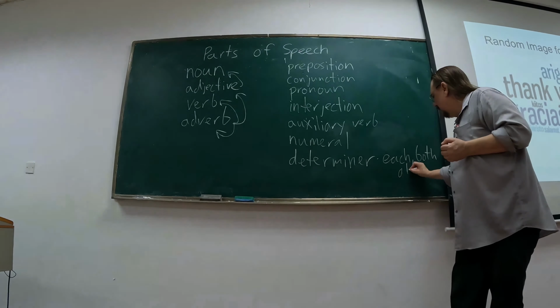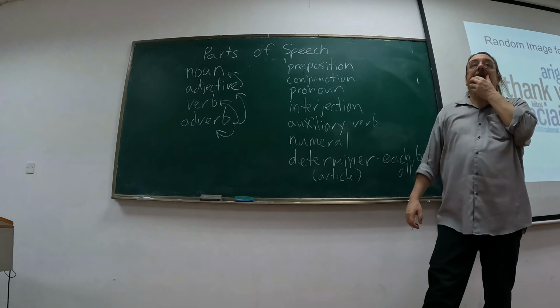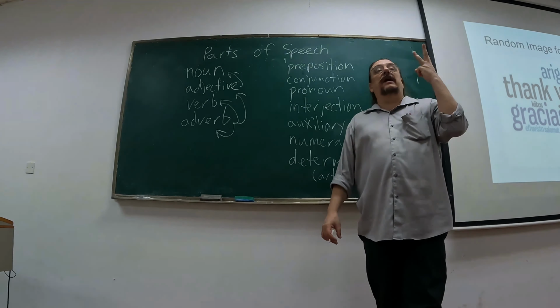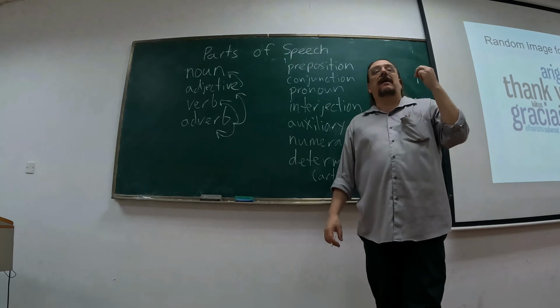Basically, these belong to determiners. Article. What's an article? A, an, the. Three, right? Some people say only two articles, a and the, because an is another form of a. But I say three.